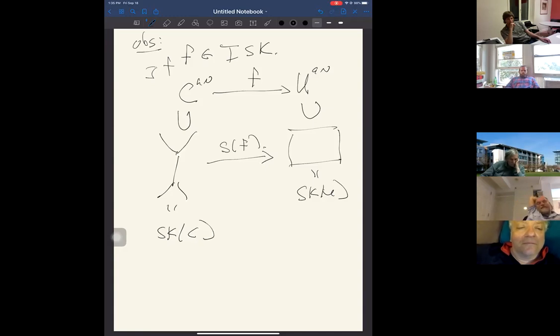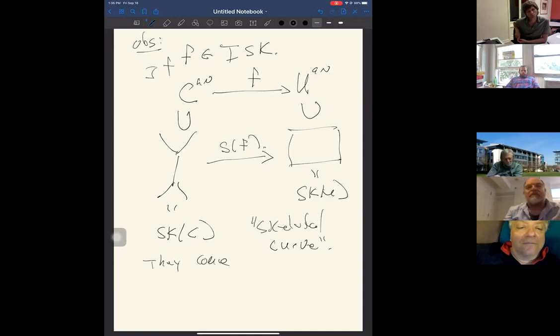So in this world, analytic curves with this property we call skeletal. Skeletal curve. That means analytic maps which have this magic property that their graph just lands inside of the tropicalization of U. We call these guys skeletal curves. They come with a tropicalization.